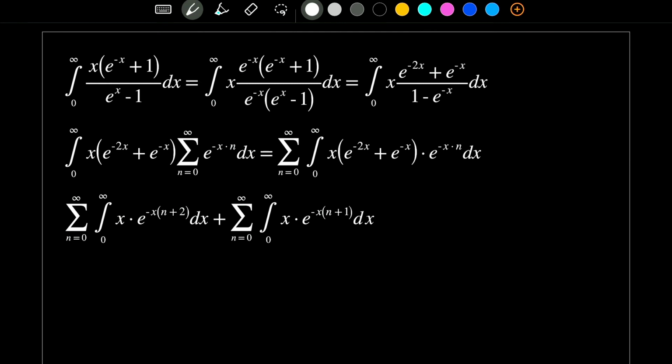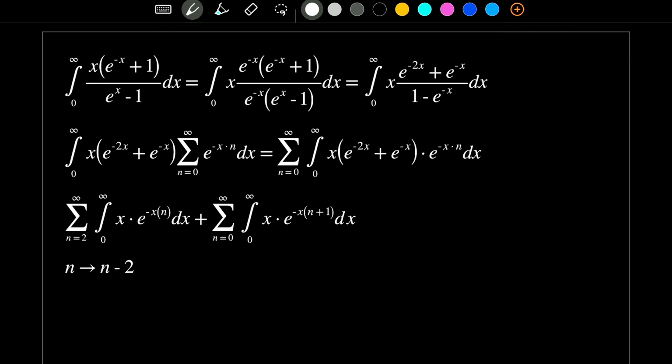We're just going to change that slightly so that we can work with this easier. So we're going to change n to n minus 2, which means in our sum that n has to start from n equals 2, and we can substitute that into the exponent here, which is going to give us n, like so. And we're going to do basically the same thing for the second integral here. We're just going to substitute in n minus 1. So that's going to give us n equals 1 here, and the same exponent there.